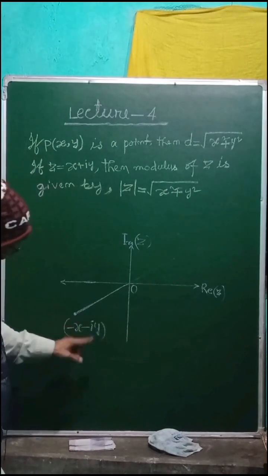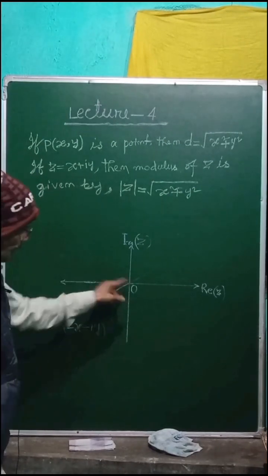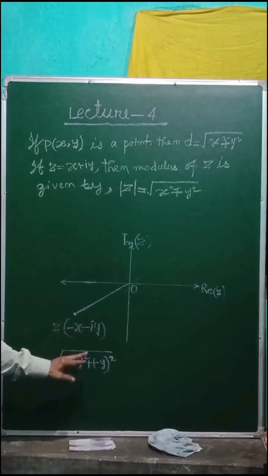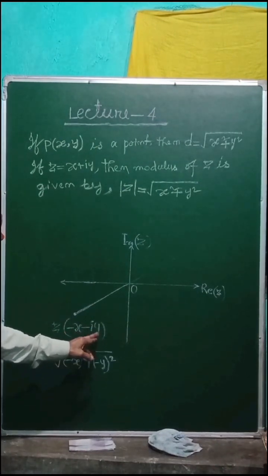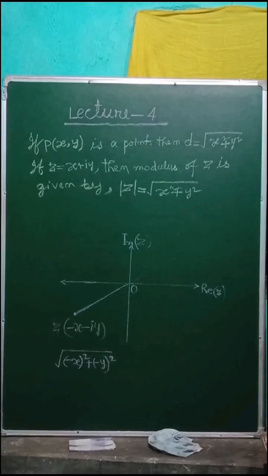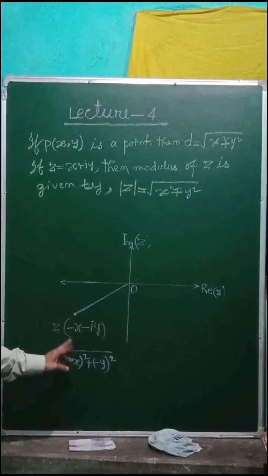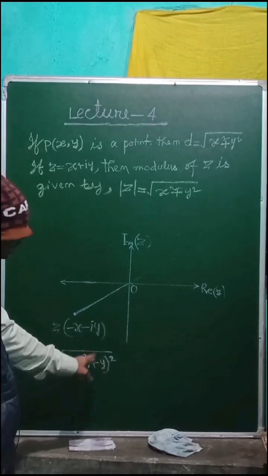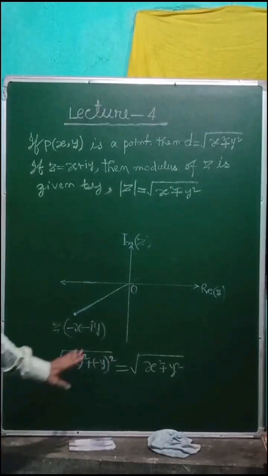The distance of this point from the origin will be given by minus x whole square plus minus y whole square, that is, the real part of the complex number whole square plus the imaginary part of the complex number whole square. So we have understood this.